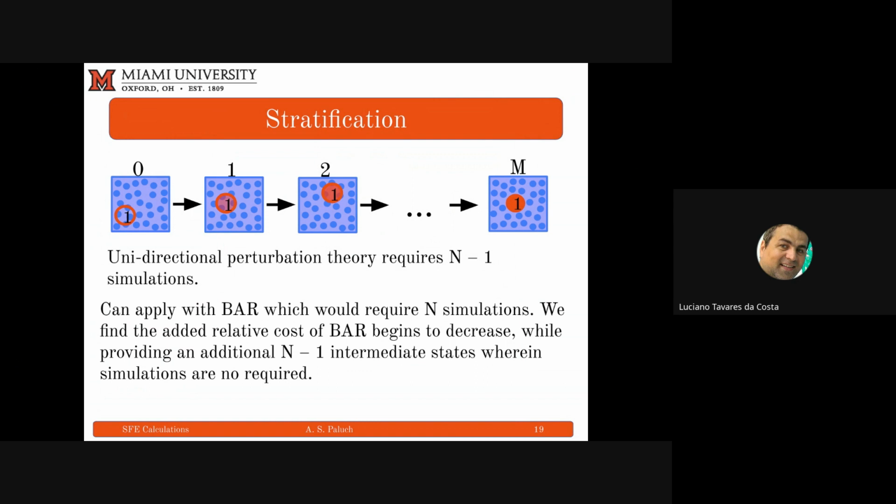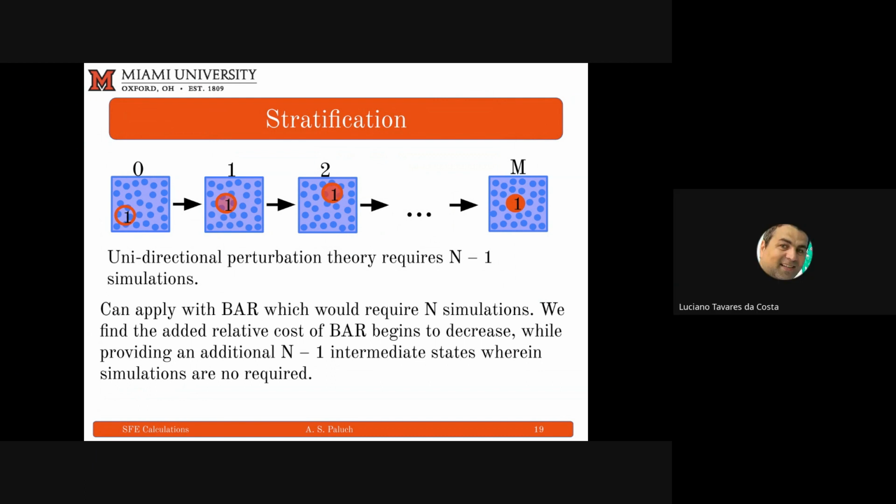I'd like to ask you to use this slide, and maybe the last slide as well, to explain, especially for the students here, the difference between the methods for calculating the free energy. When you mentioned perturbation theory, you are talking about the FEP method, right?